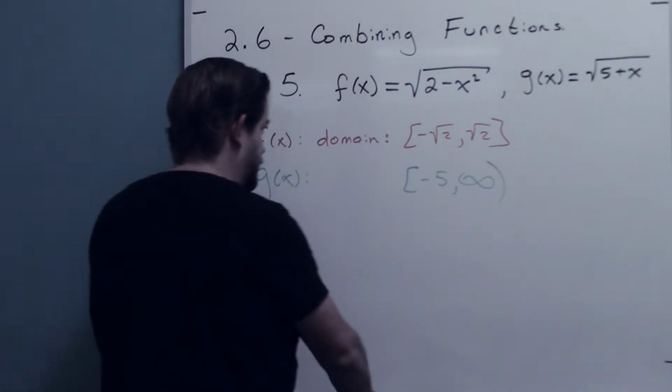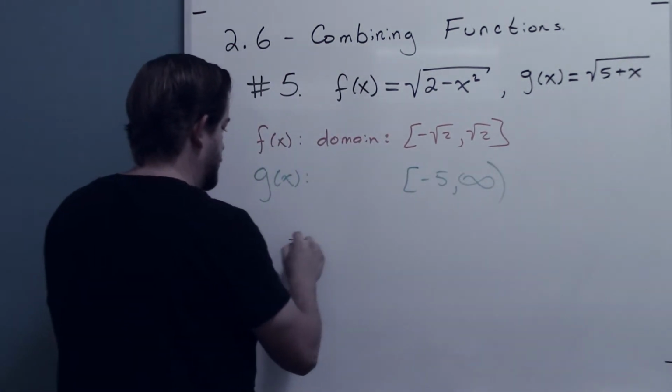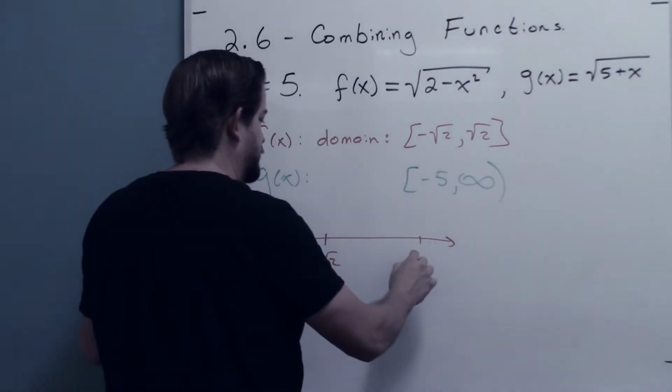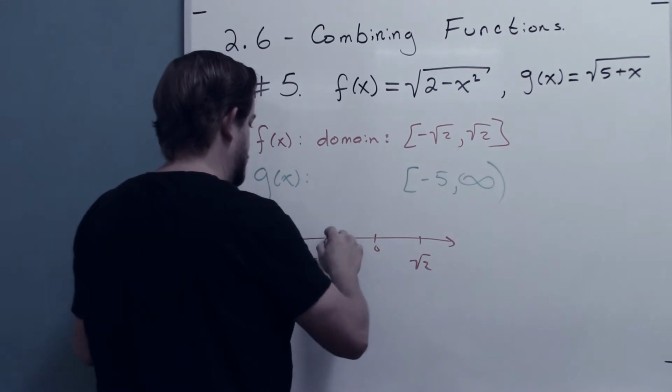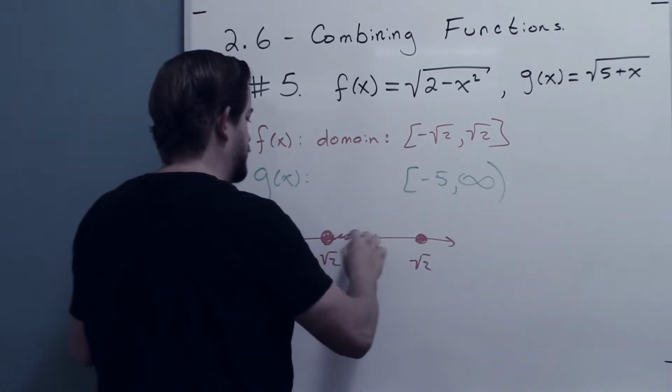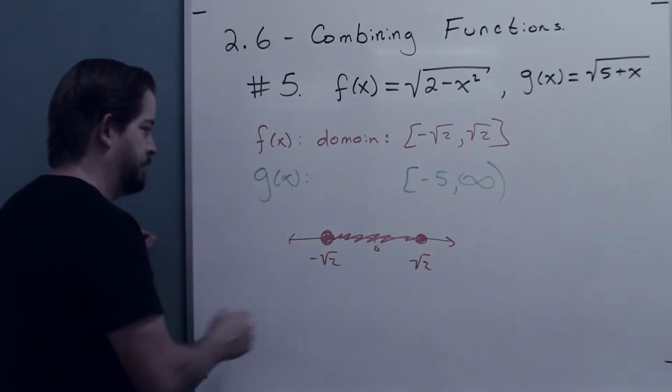And so if I take a look at what's happening, draw this line back here. I have negative root 2 to root 2, right? This is my domain in picture form of f of x.